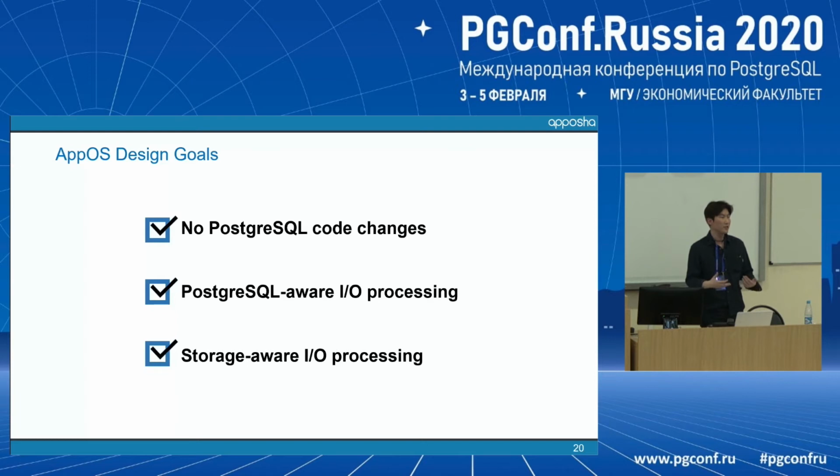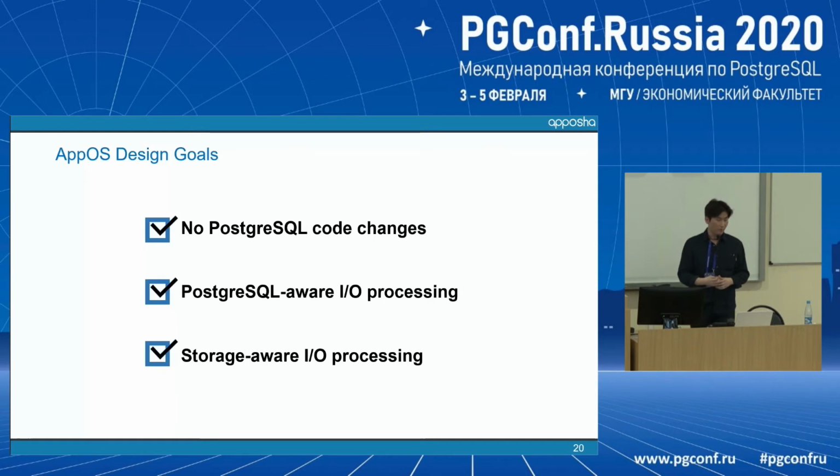And actually our team is not an expert team of database development. So we need to focus on what we can do better. So we decided not to fork PostgreSQL, and just implement it as an extension.